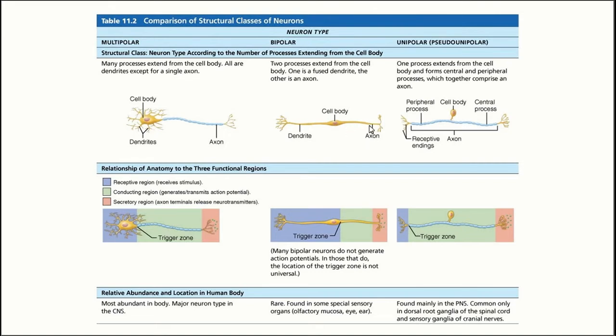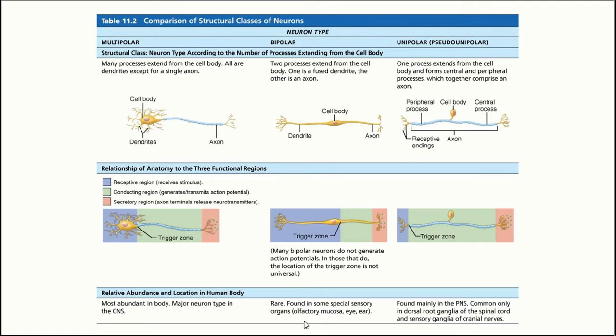At the other end of this neuron, emerging from the opposite end of the cell body or the soma, is the axon. This type of neuron is actually pretty rare in the body, and there are fewer of this neuron type than any of the other neuron types, and they're mostly associated with special sensory organs. They're typically found in things like the olfactory sensory structures within the nose.